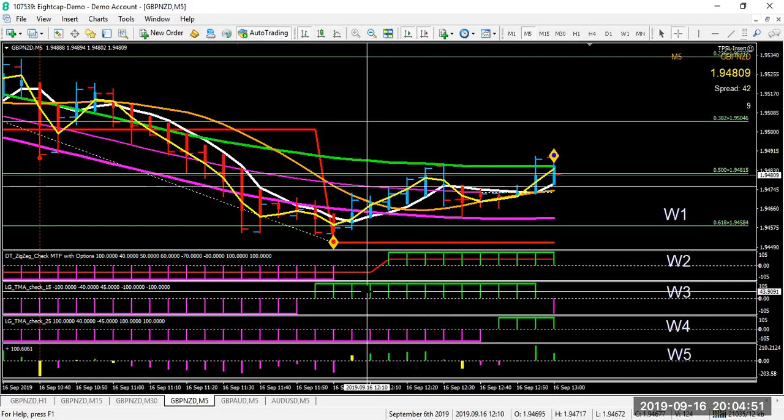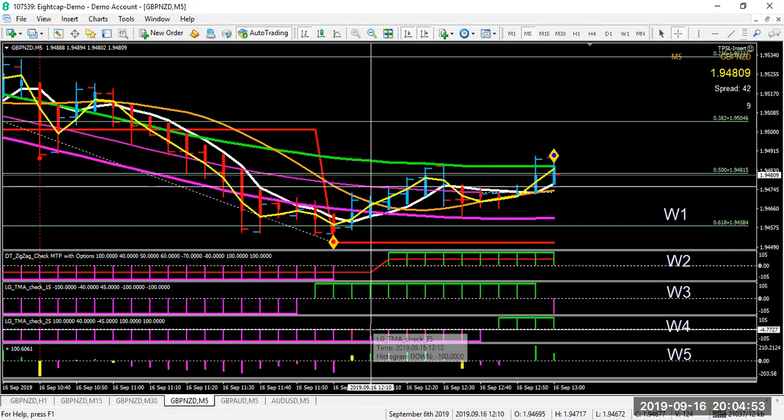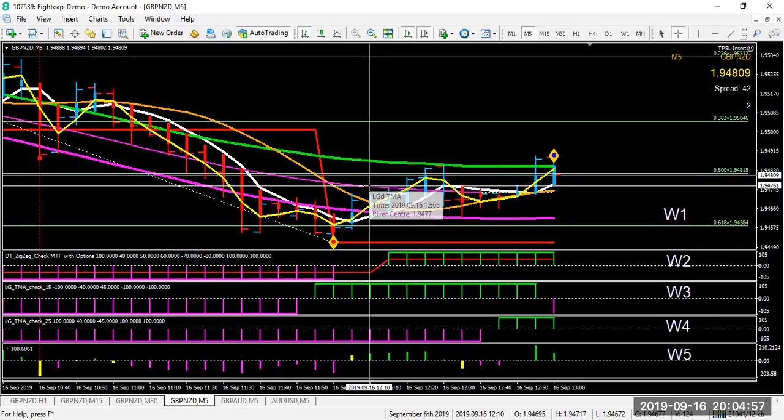We can see that we don't have green shading in both windows W3 and W4, and we don't have a dotted yellow or green center line. So there's no entry there.